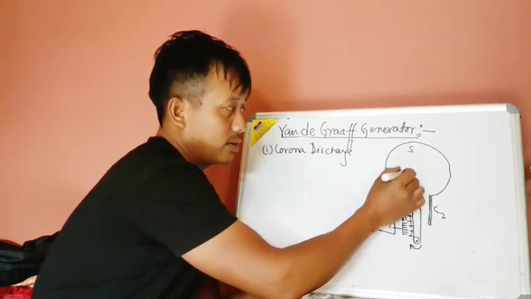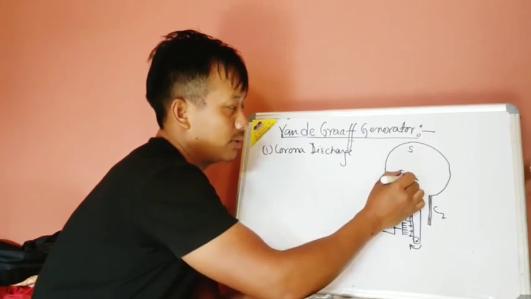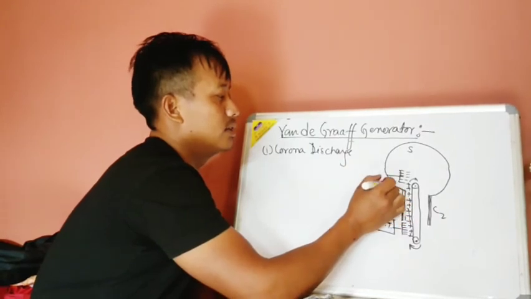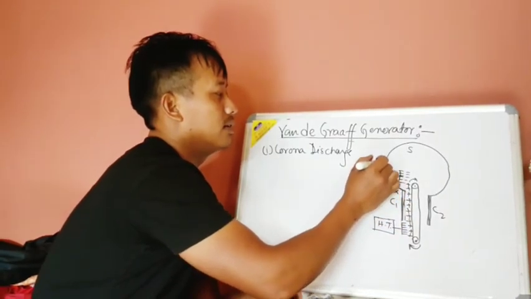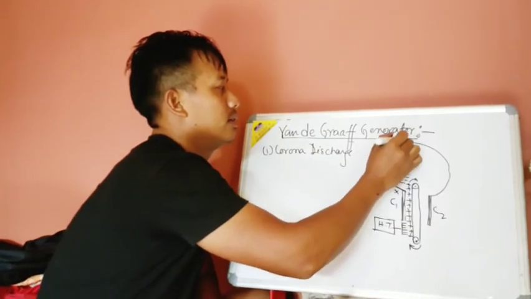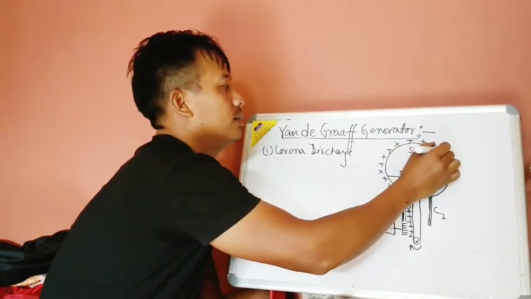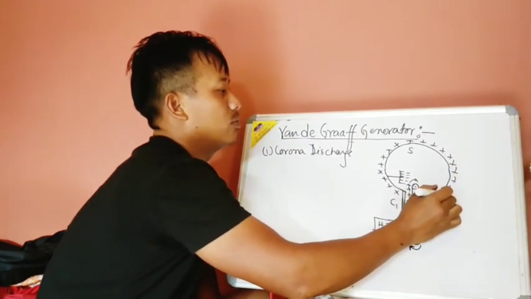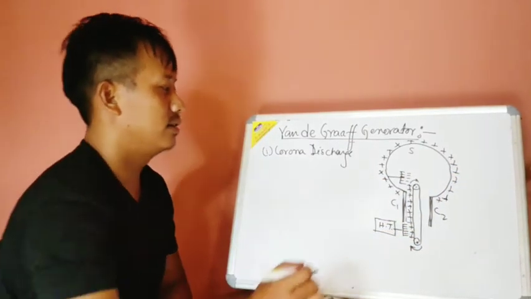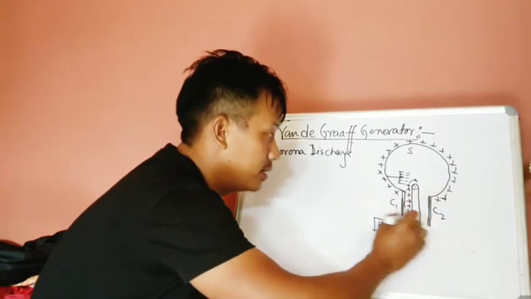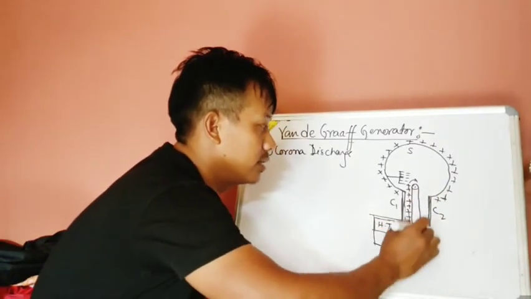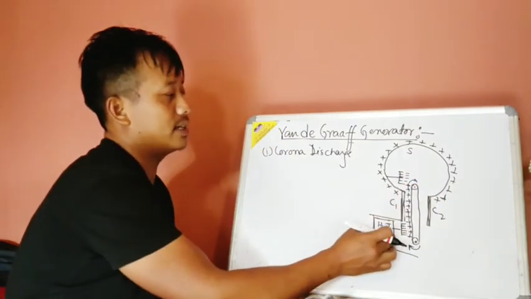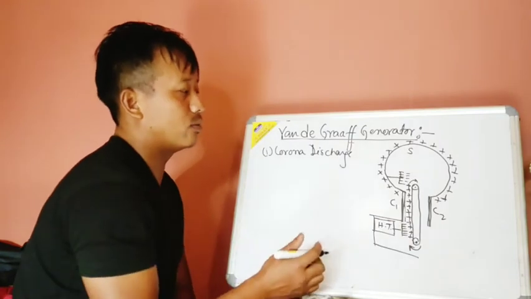Due to the principle of induction of charge, opposite charge will be induced here, and the same charge will be induced on the outer surface of the cell. If you go on increasing the potential, more charges will accumulate on the outer surface of the cell.